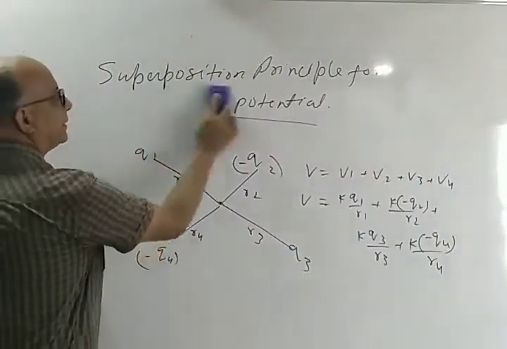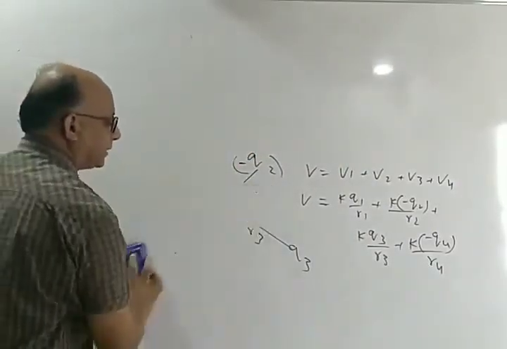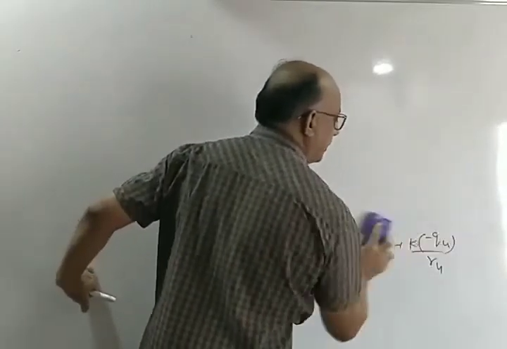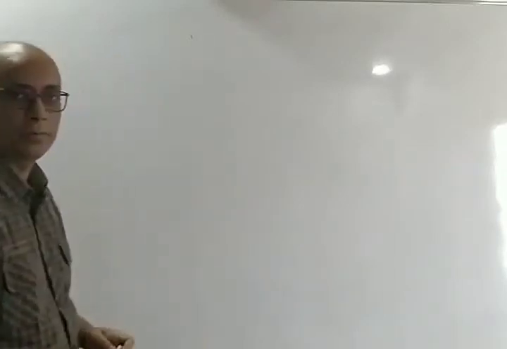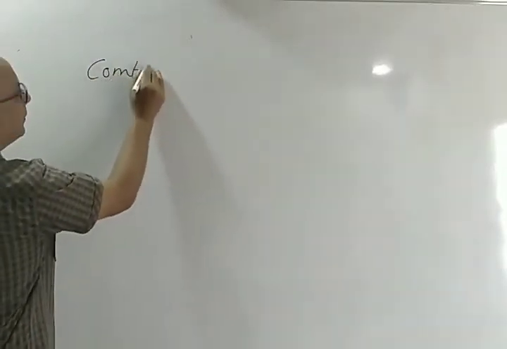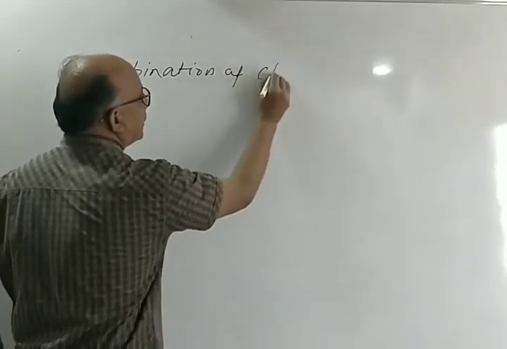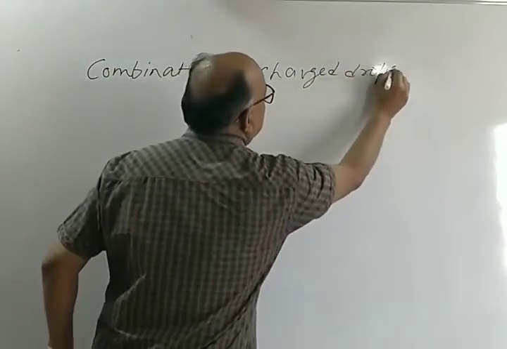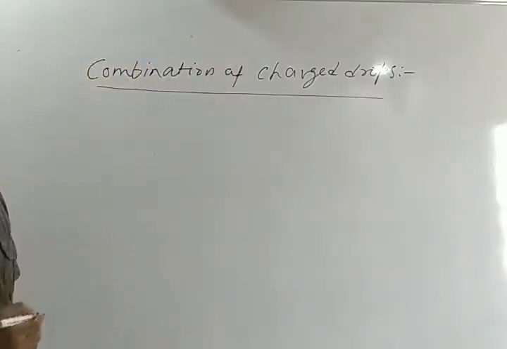Now, let us come to the next topic. The next topic says, if a number of small charged liquid drops are going to combine to form a bigger drop, what will be the electric potential of the bigger drop? The topic is combination of charged drops. A number of charged small drops are there.